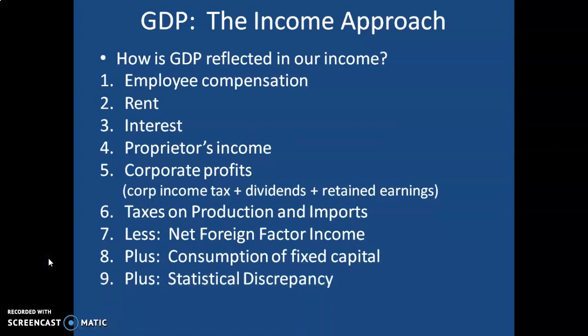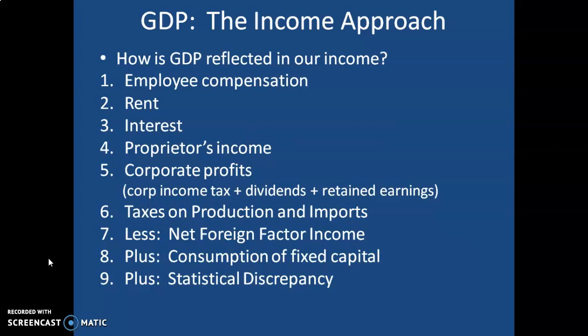The last item is going to be the statistical discrepancy, and this is sort of a fuzzy number, and I'll give you an example why this number might be necessary. Sometimes we make incorrect assumptions. So for example, when I said that consumption of fixed capital on that $50,000 machine is going to be $5,000 per year over a 10-year period, it's quite possible that after 10 years that machine still has value.